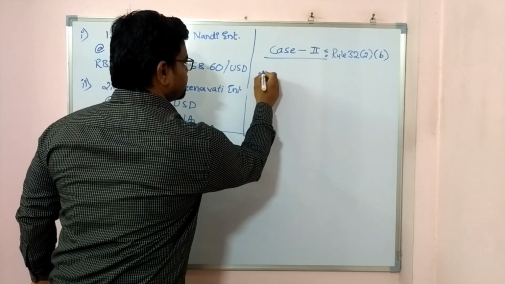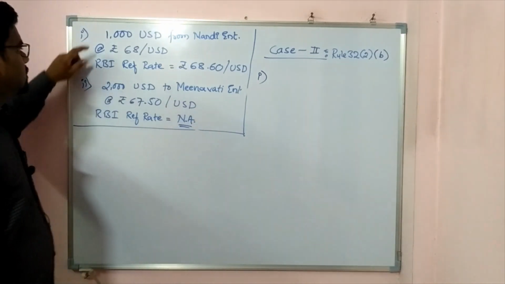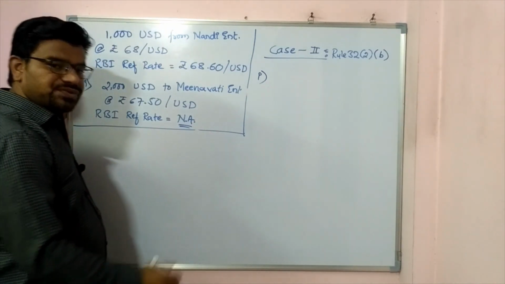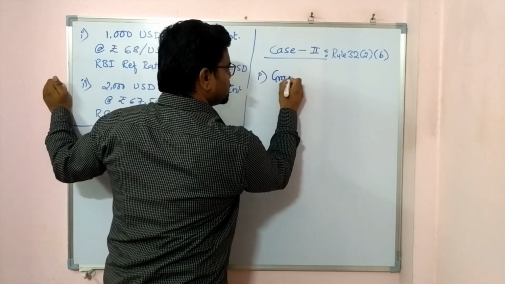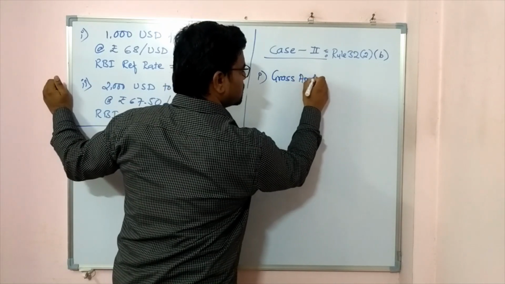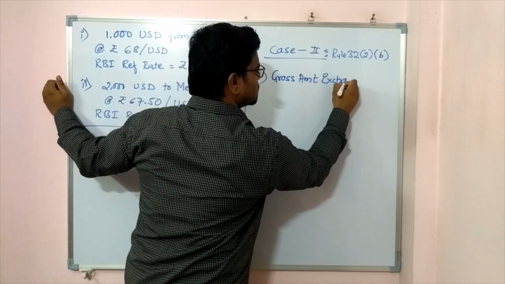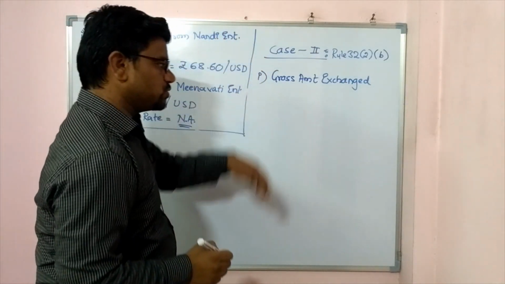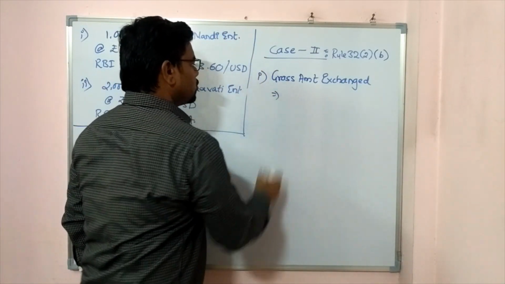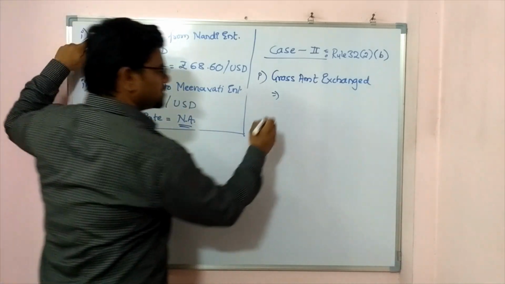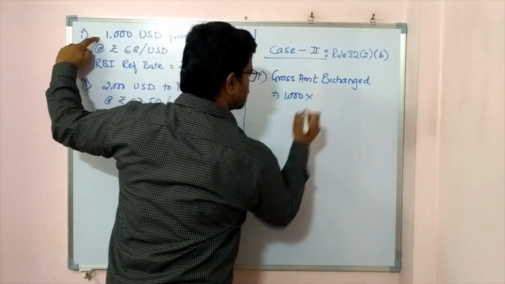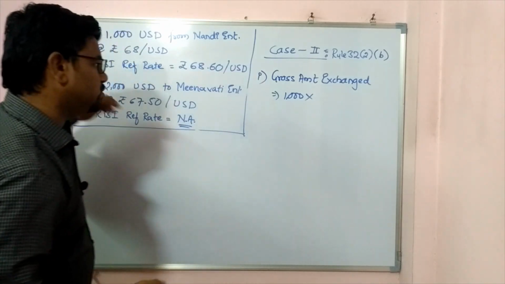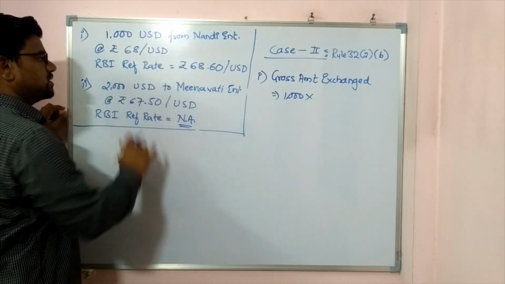First point, we have to calculate first gross amount exchanged. Gross amount exchanged. This is very important in order to calculate according to the slabs. How much is the gross amount exchanged? It is 1000 into, now which rate I have to take, RBI reference rate or 68?